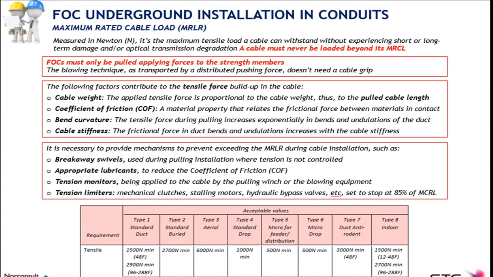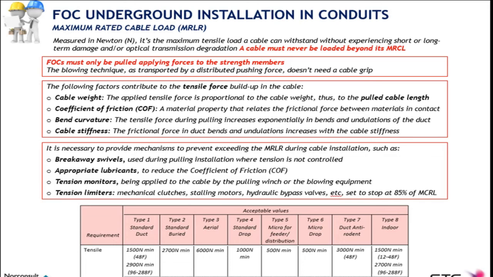Bends and curvatures. If the installation route is bended, that would also increase the pulling load. We have already stated the installation spans have to have limited bends, and between bends the ducts must be as straight as possible. The cable stiffness as well can increase the frictional force, especially when the cable goes through bends.